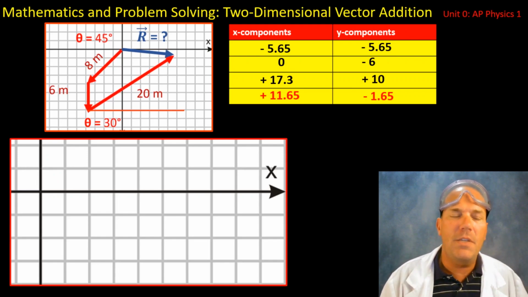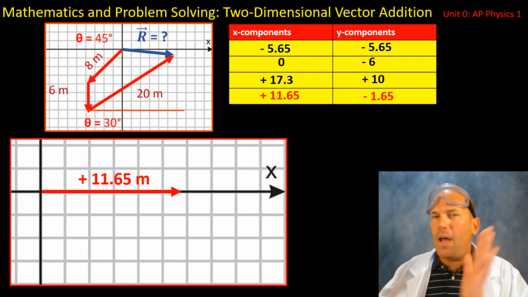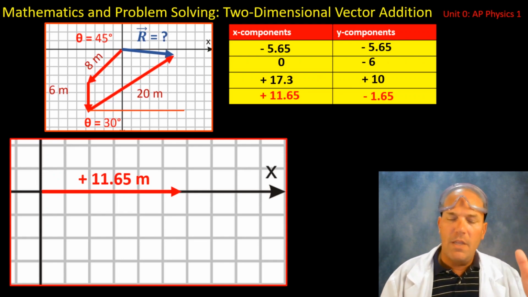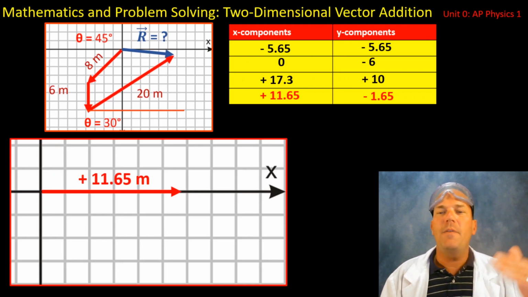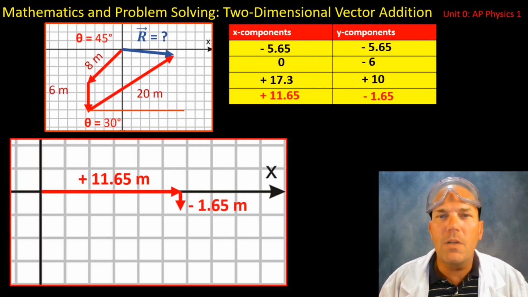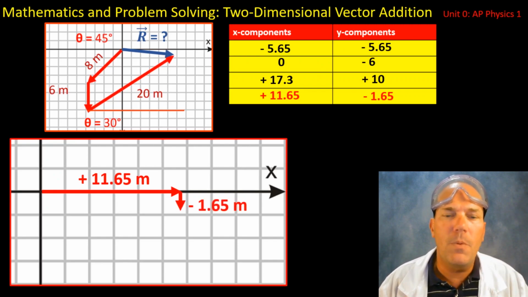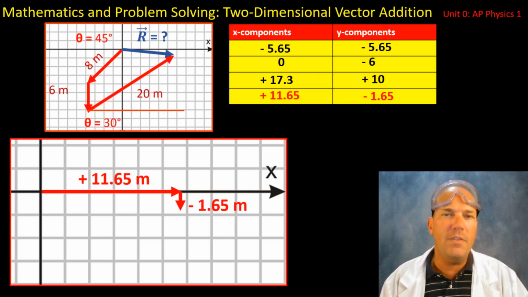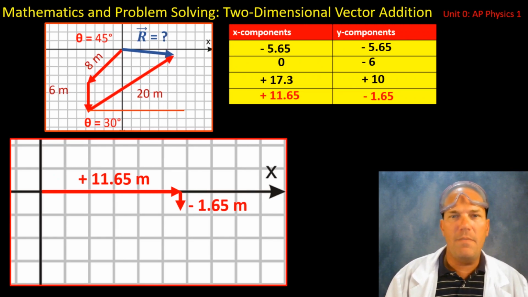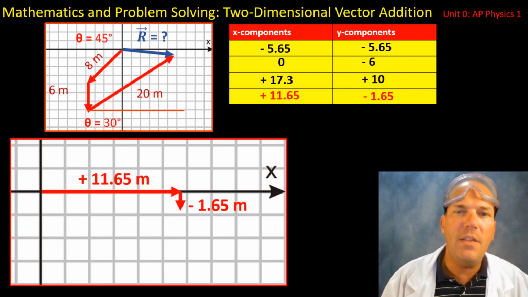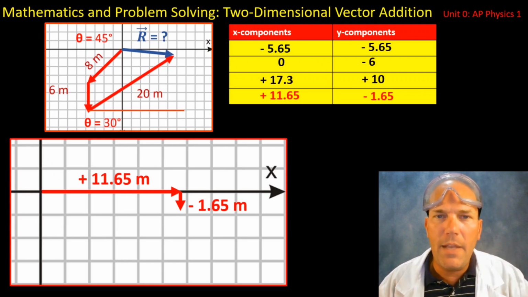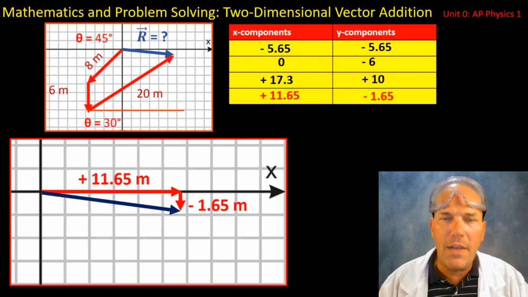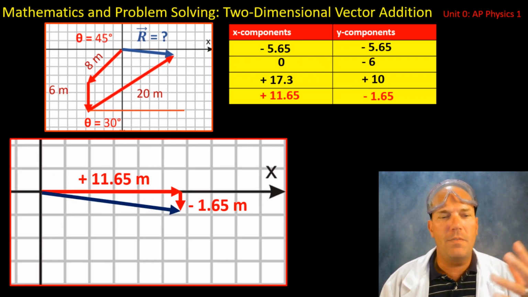Redrawing this triangle here, we can have our positive or eastward 11.65. We have our southward or negative 1.65. And of course, for the resultant vector, we're going to extend a vector from the tail of the first vector to the head of the second vector, and that is the resultant vector.